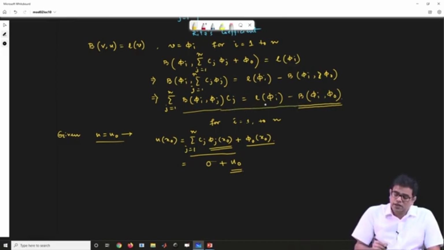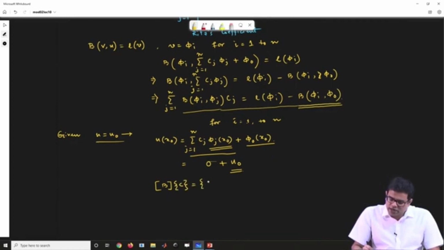If I write this for i equals 1 to n, I will get a matrix B, a coefficient vector C, and some right hand side F. The size of B will be n cross n, and C will be n cross 1.